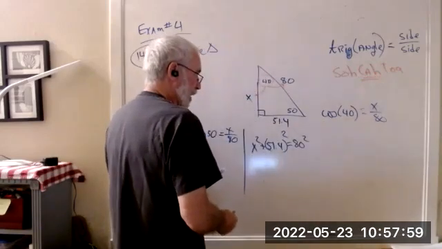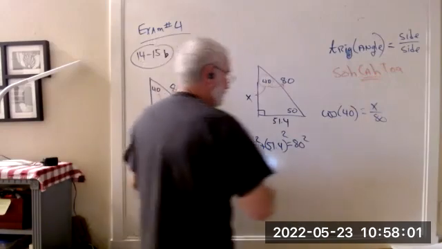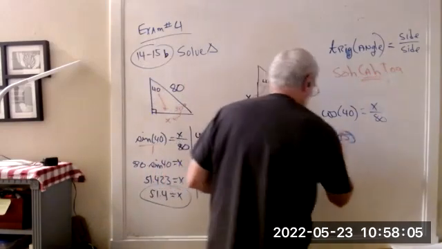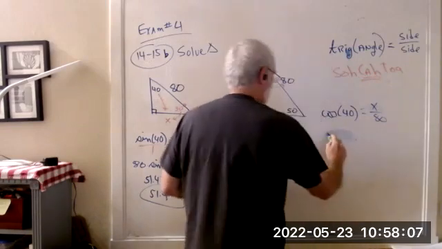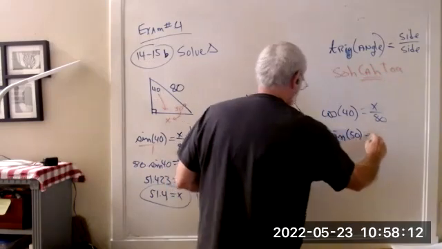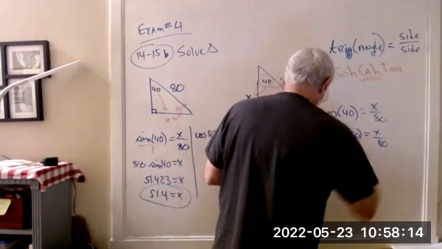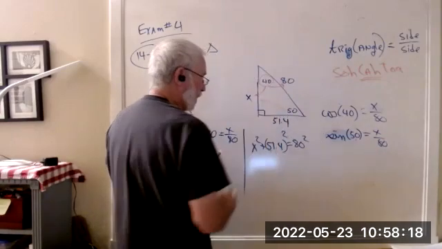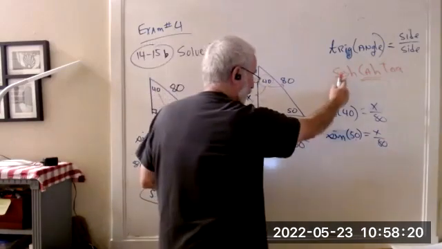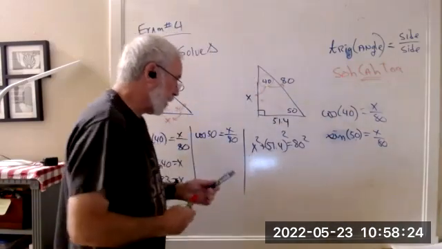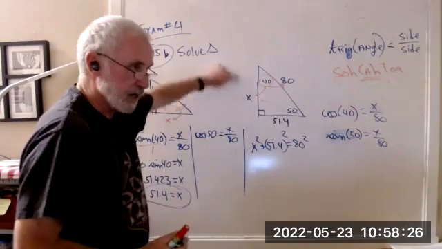If you want to use the 50, you can say the sine of the 50 is X over 80, because from the 50, this is opposite. Sine is opposite over hypotenuse. So you actually had three different ways you could have found this side.